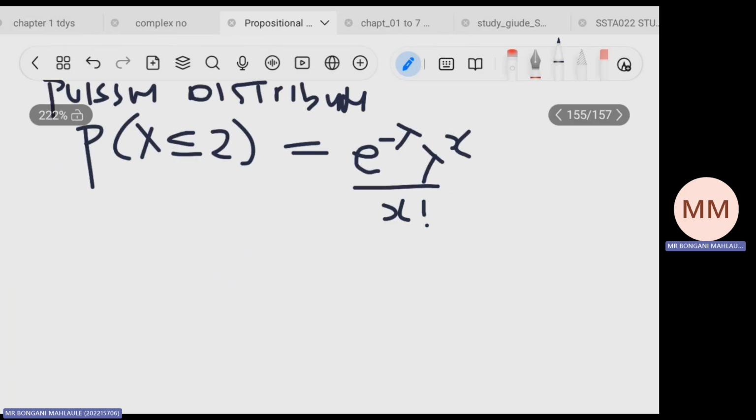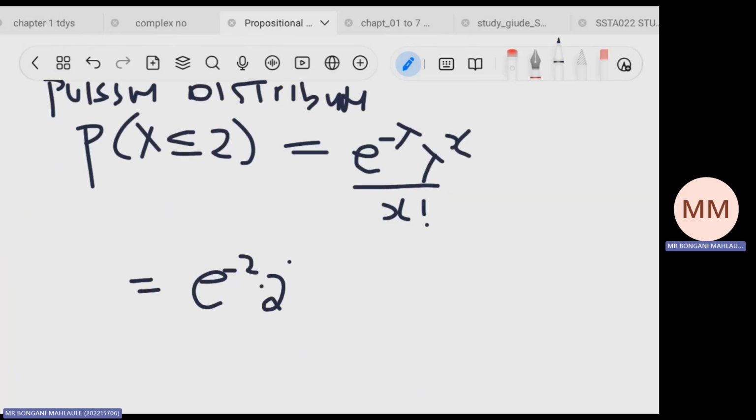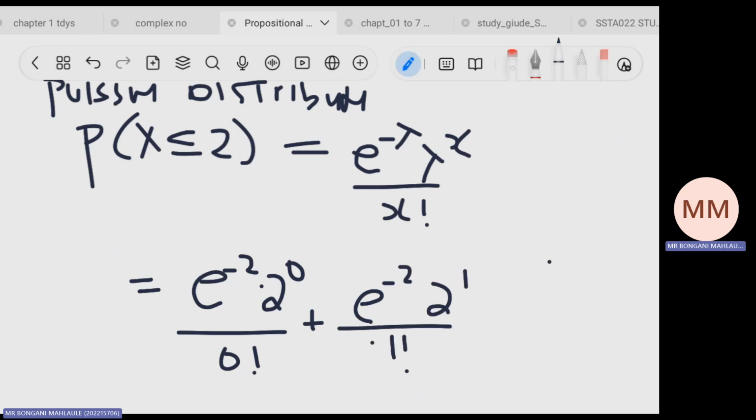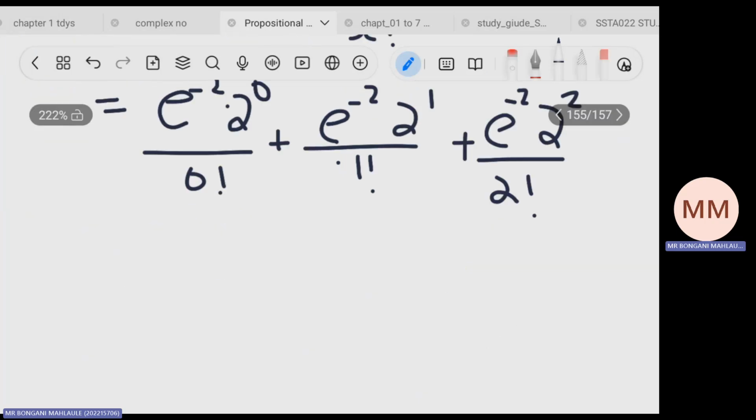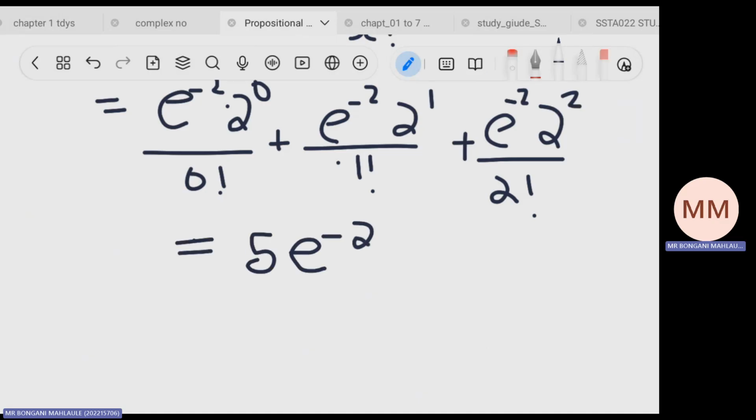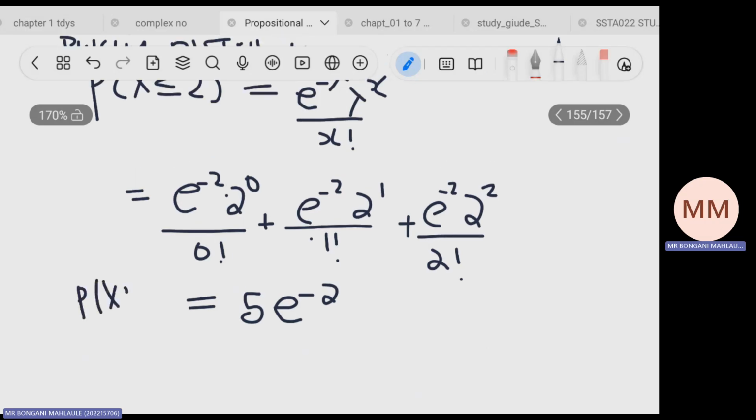So you're going to have Euler negative 2 to the exponent 0 factorial, 2 factorial. And then at the end, it will give us 5 Euler to the exponent negative 2. So that will be the probability of x less or equal to 2.